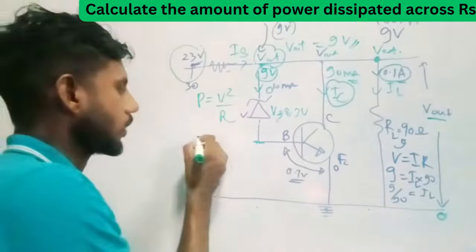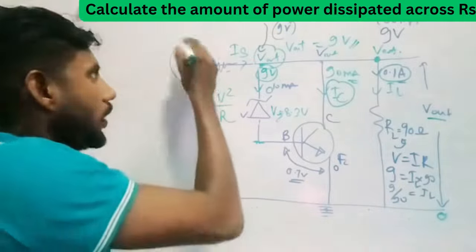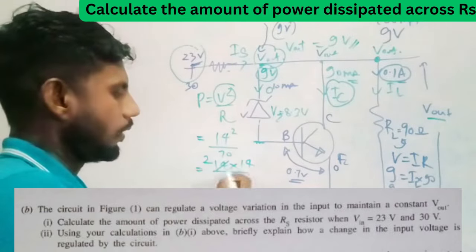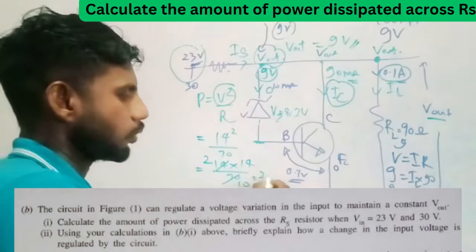So in the first case, when the input is 23 and here it's 9, the difference will be 14. So I'm going to apply 14 squared divided by 70. 14 into 14 divided by 70, that goes 2, 10, 28 divided by 10, it's 2.8 watt. Power, 2.8 watt.